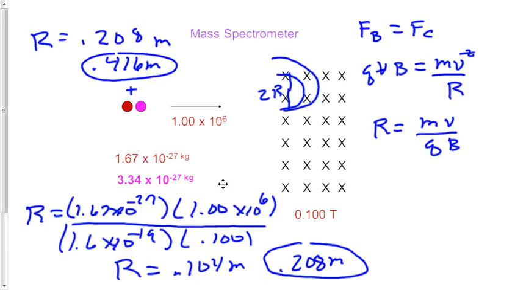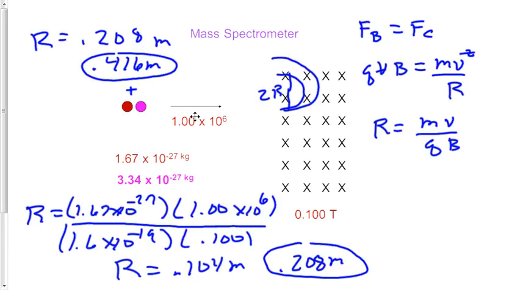So the lighter atom is going to hit in this direction here. It's going to go all the way around. That's going to be 0.208 meters there. The heavier atom going all the way here is going to be 0.416 meters from the point of entry. So if we want to get the difference between their path lengths, we'll just subtract these two.